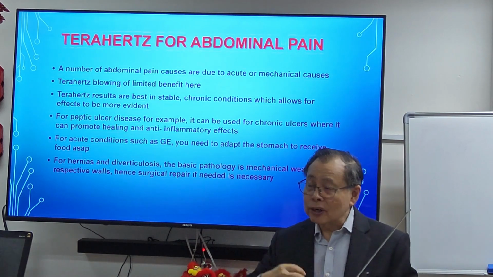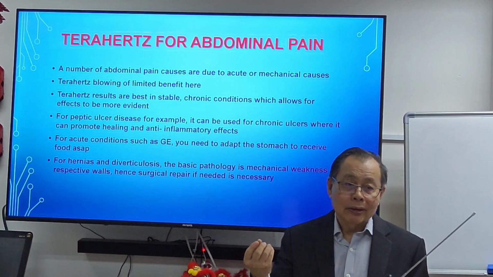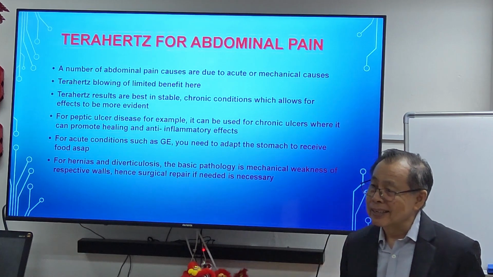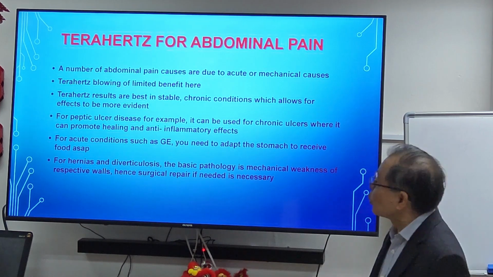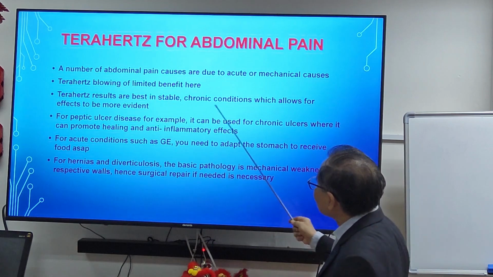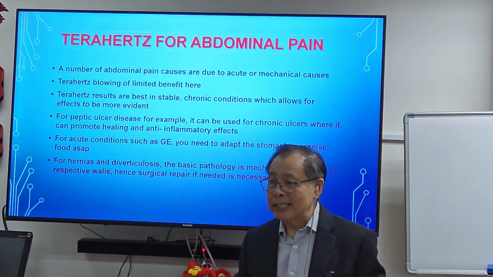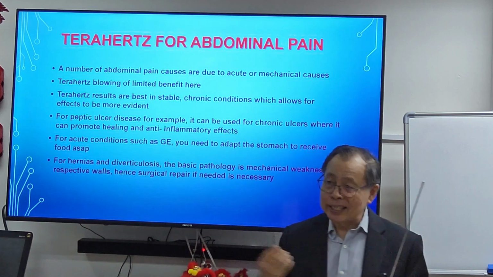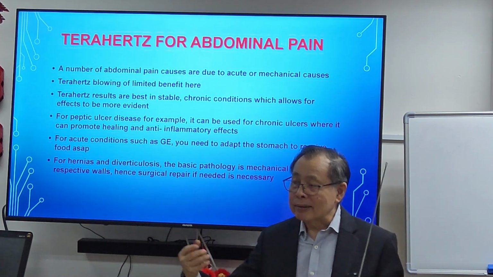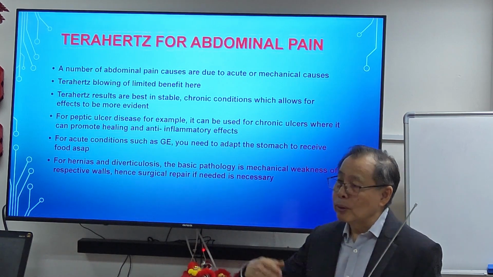So, because they are short-lived, there is sometimes very little use for iTeraCare. Because iTeraCare is useful if you are in stable chronic conditions, which allows its effects to be seen. Yes, sometimes we see effect within 1 session, if you have never been exposed to TeraHertz waves before, and perhaps it can go away.